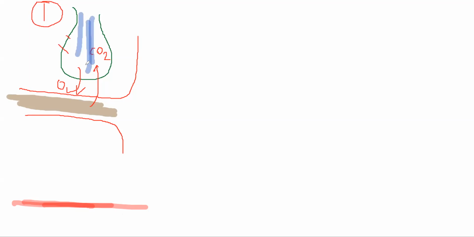There is some problem in the ventilation of that alveolus, because of which that alveolus is not able to contain gases or exchange gases properly. So what will happen is, this exchange will not occur. Oxygen will not be exchanged for carbon dioxide, meaning the blood here will remain deoxygenated. Okay, your body can sense this.